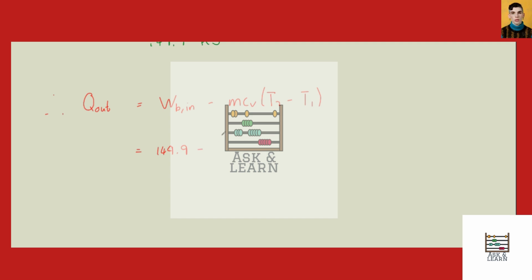We suppress the units since everything's in SI units, minus 2.2 kg for the mass times the specific heat for nitrogen at this temperature, 0.744 kilojoule per kg Kelvin, times the change in temperature of 366.9 minus 298 Kelvin. Hence we get the heat transfer out of the system to be 37.2 kilojoules.